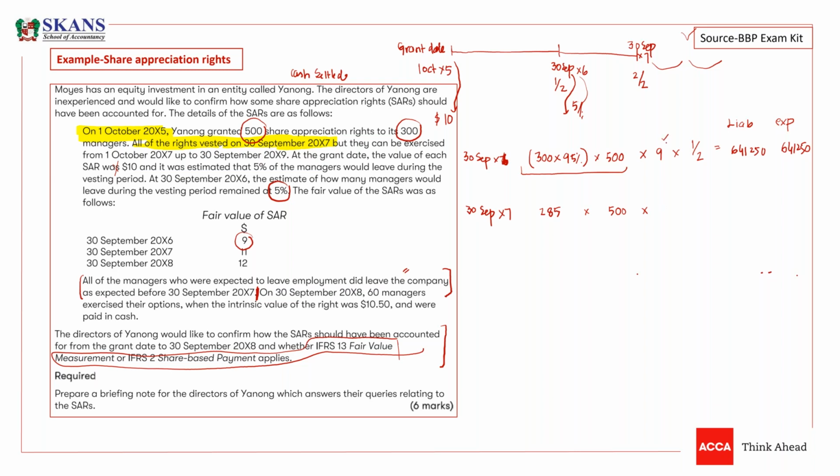Do we need to use 9, or do we need to revise this to year end? Yes, we need to revise this again to 11. So we will be taking 11 here, into 2 by 2 as the time ratio.